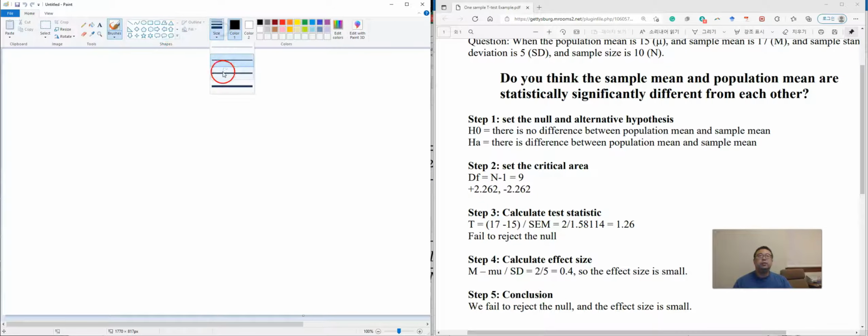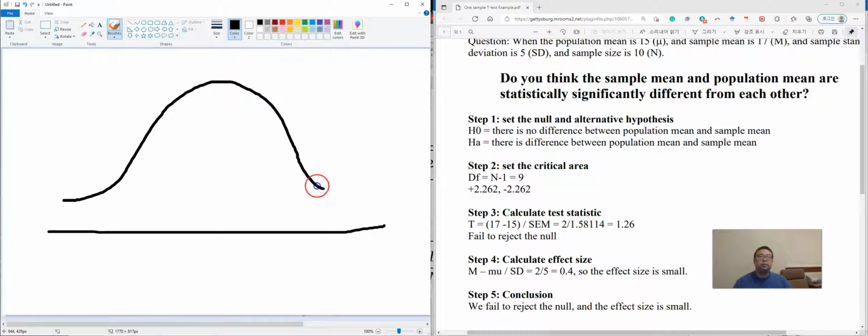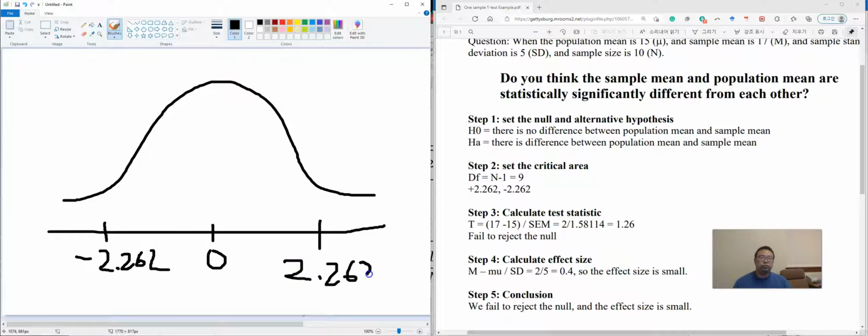Now we found that this is 0, this is negative 2.262, and this is positive 2.262, right? These shaded parts of the areas are t critical.